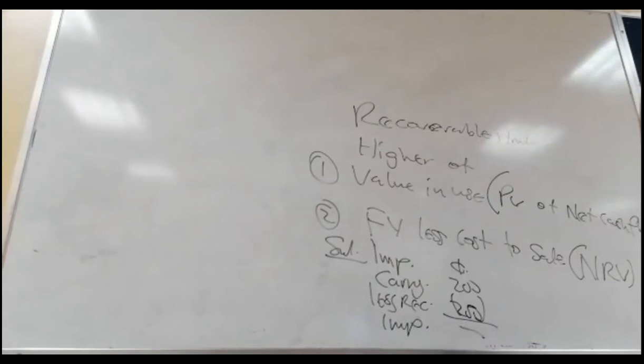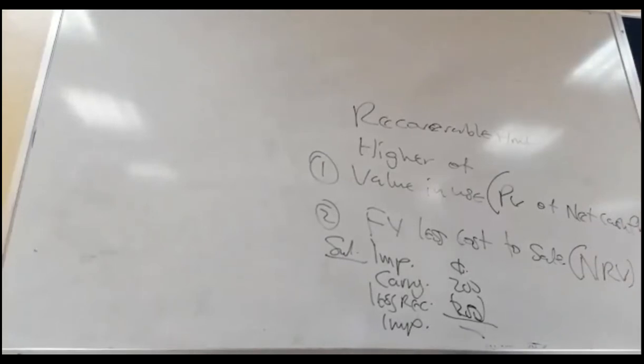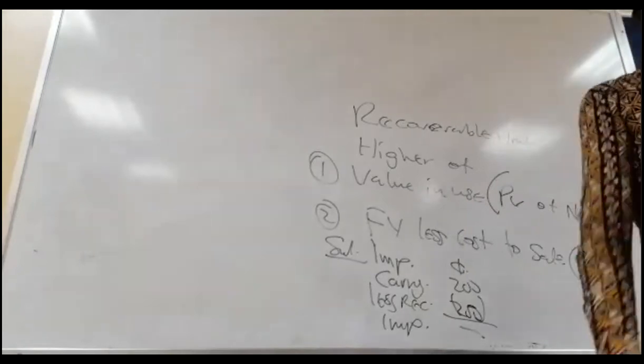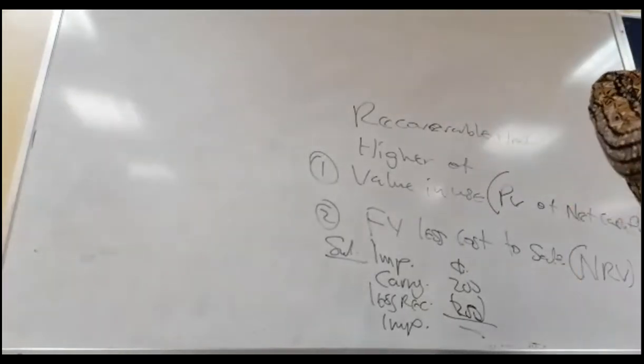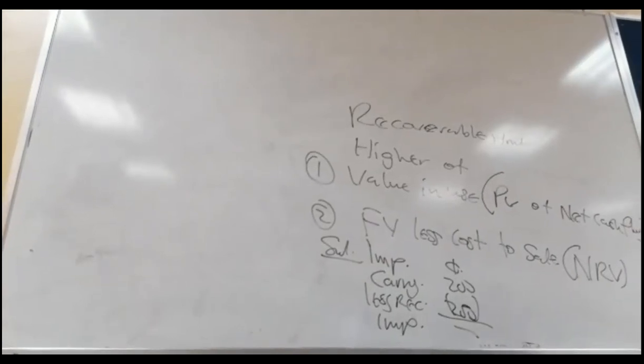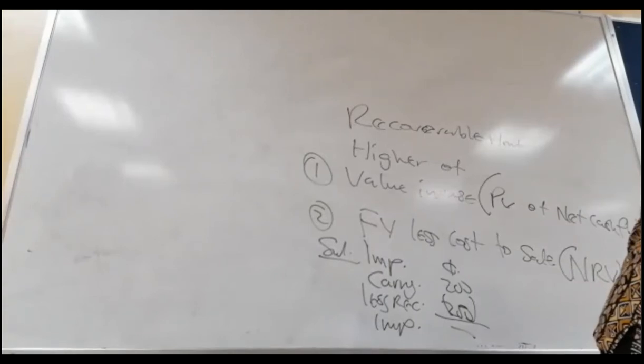How do you impair them? You first of all calculate the carrying amount of such an asset, then you share the impairment loss among them on a five-step basis. So let's use this particular question to illustrate the cash generating unit. So let's go to this question.